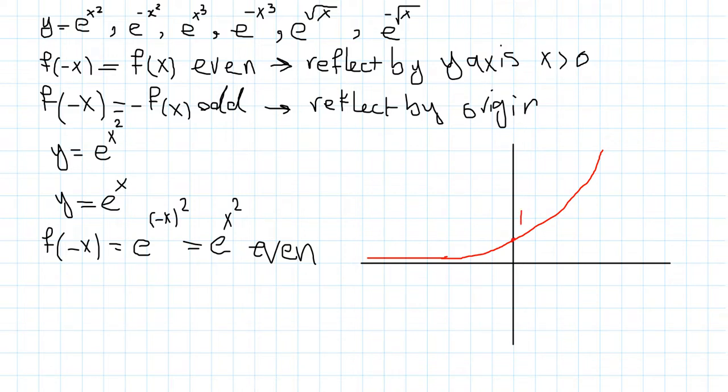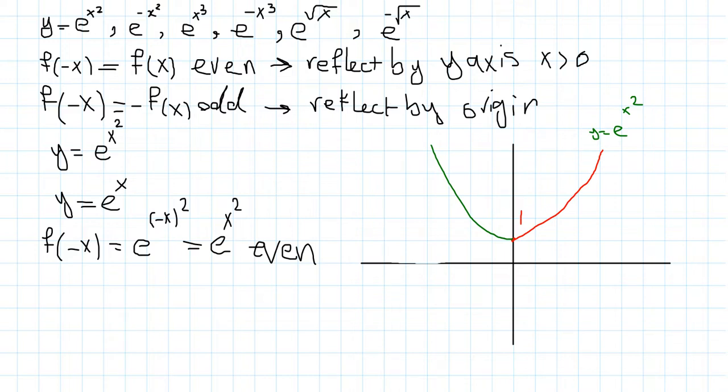I told you we only need to draw positive x's, and easily you can erase this part till here, and after that reflect to the y-axis. This is my graph of y equals e to the power of x squared.